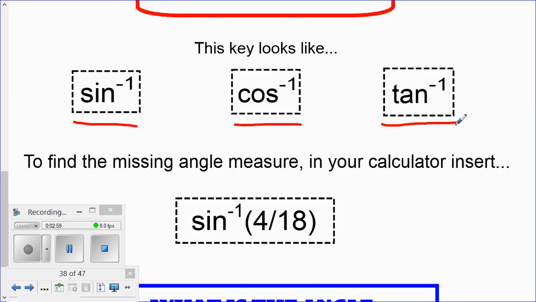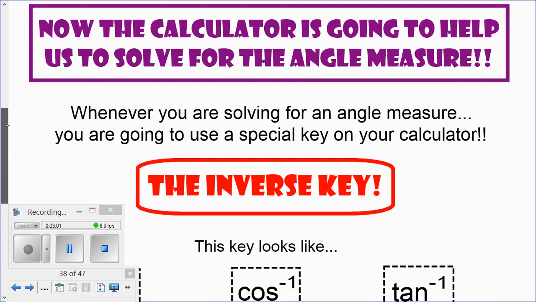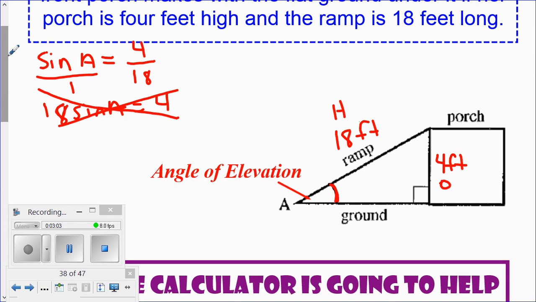So I was trying to solve my equation, sine of A is 4/18, and I was trying to solve that for A. So what I need to do actually is use the inverse sine, which will undo really what's happening right now. So I'm going to take the inverse sine of what the sine of the angle was equal to.